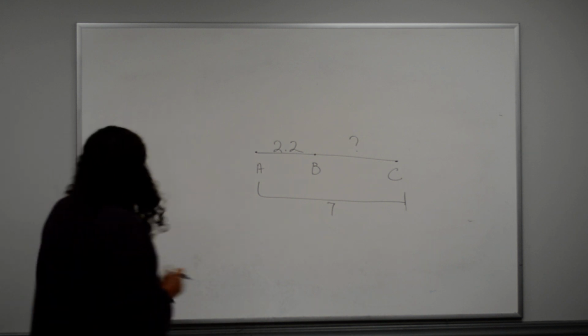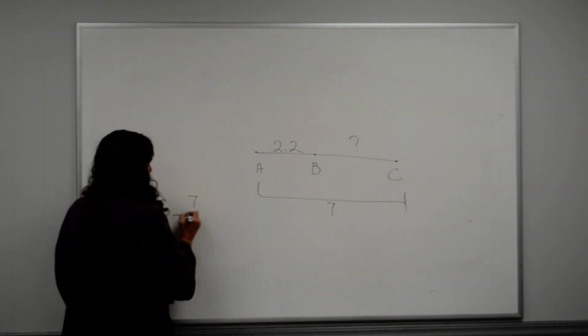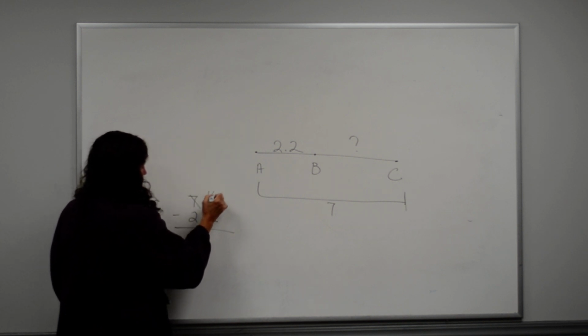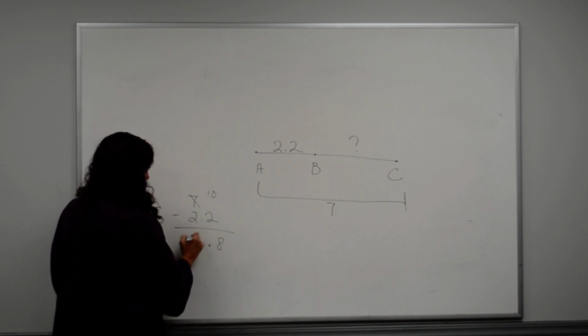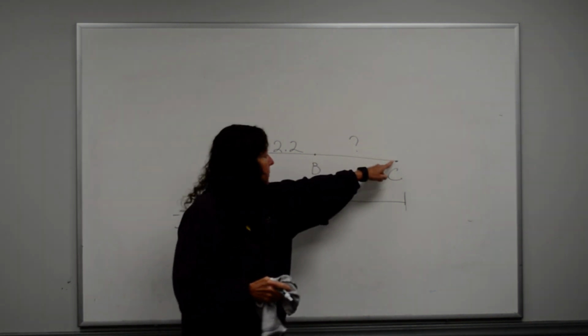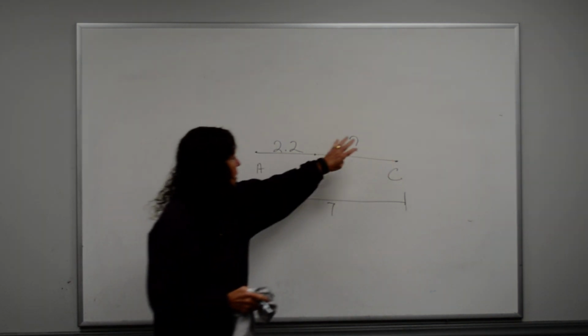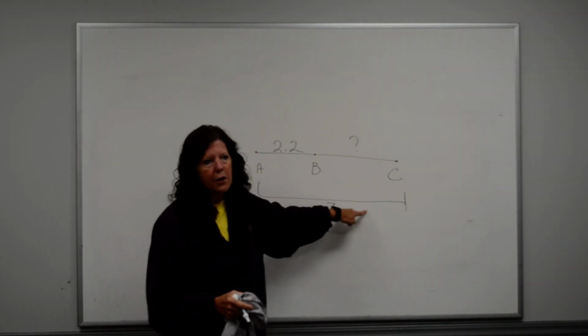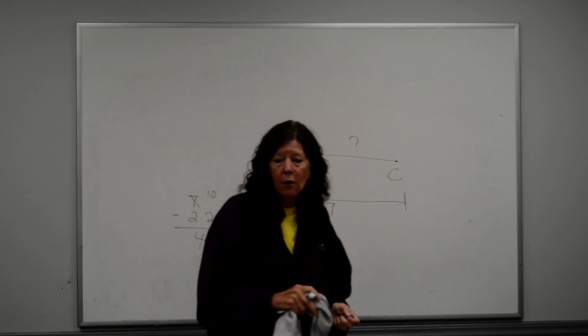I'm going to do 7 minus 2.2. Obviously you can do it on the calculator, but if you do it by hand, you've got 4.8. So this section from here to here is 4.8. So the 2 parts added together equal the whole thing. You're going to have some practice on that on your homework.